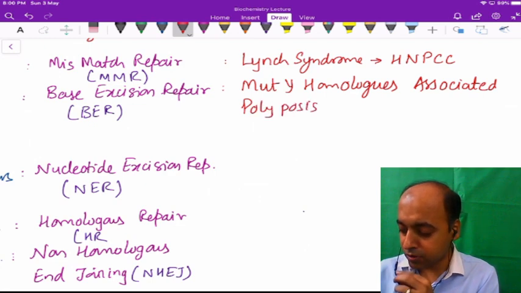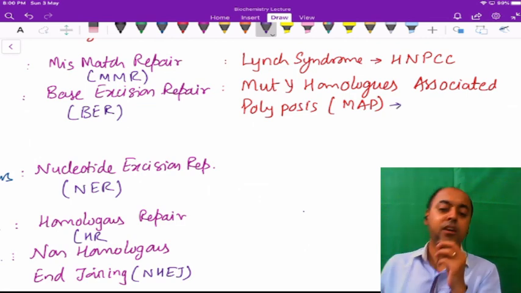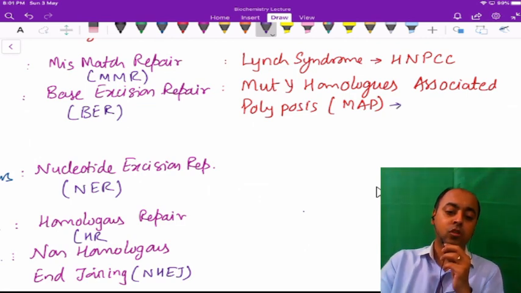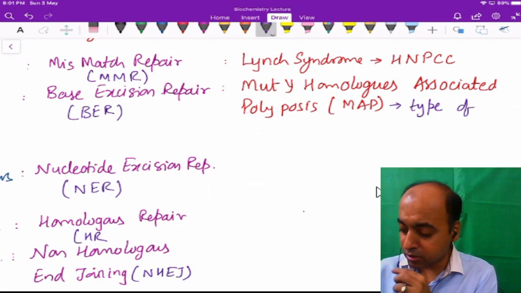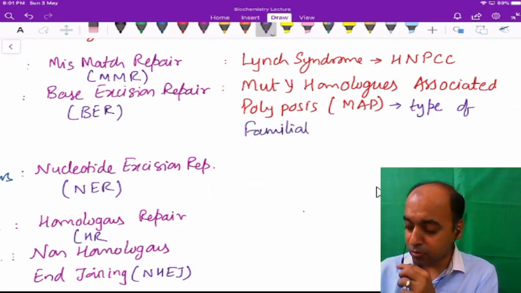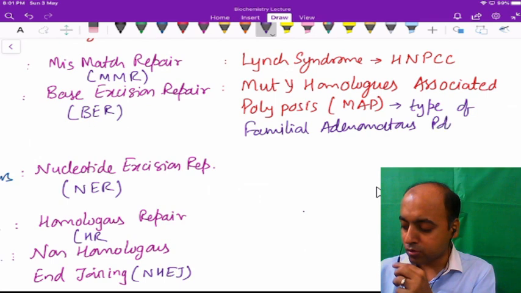The short term which is used is MUTYH-associated polyposis. It is a subtype of the better known familial adenomatous polyposis.